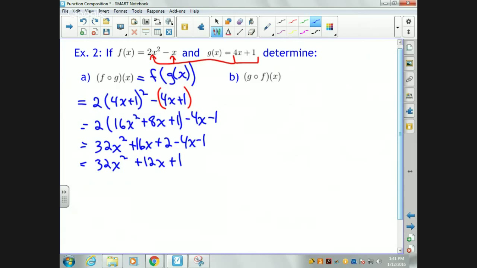Did I do that right? I'm going to guess those of you that messed up, messed up on the expanding of the binomial. Is that right? Yeah, it's a common mistake. The 8x came from doing 4x plus 1 times 4x plus 1. So the 4x comes here, and it also comes here.